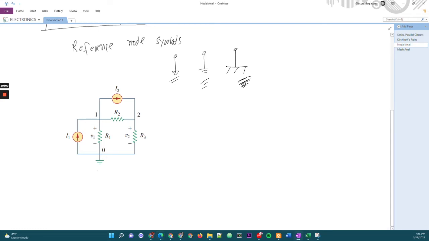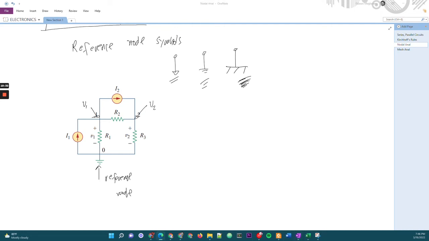So this is our reference node. And our non-reference nodes are these: non-reference node 1 and non-reference node 2. So we will call this one, say, V1, and then we have V2. So we have two non-reference nodes.